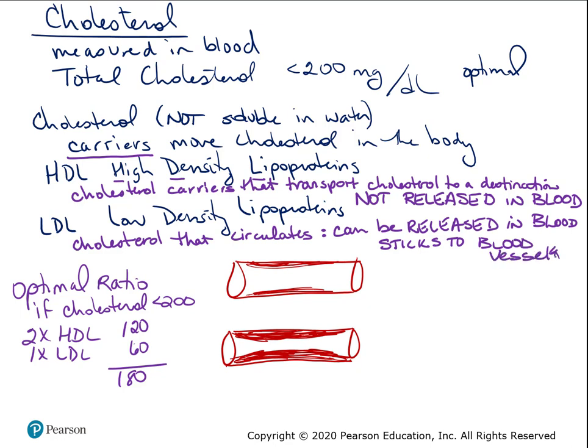So here's the example below. This shows a blood vessel, and normally blood just flows through. As these LDL carriers pass through, they can drop cholesterol, and if it does, it begins to stick. They call this plaque.